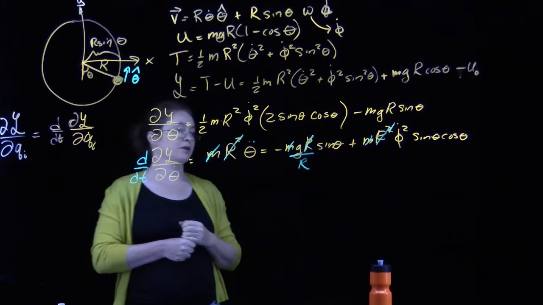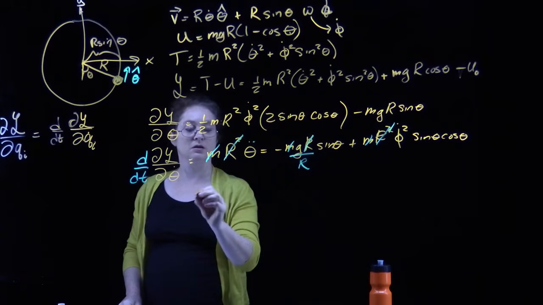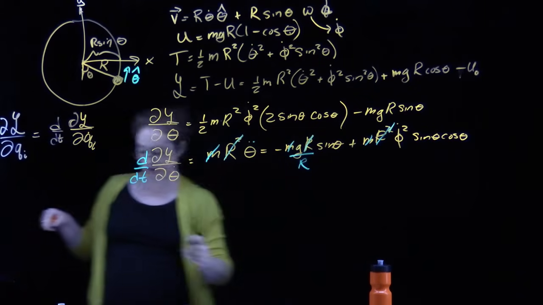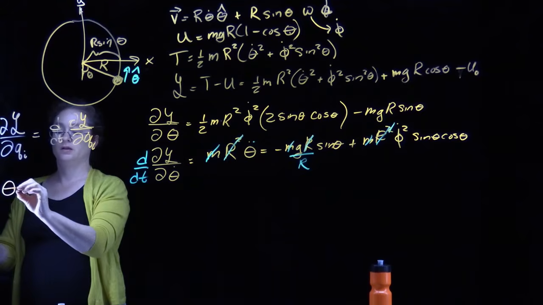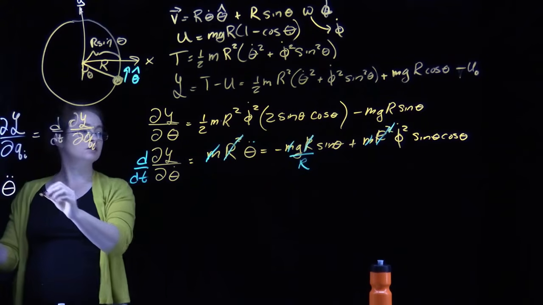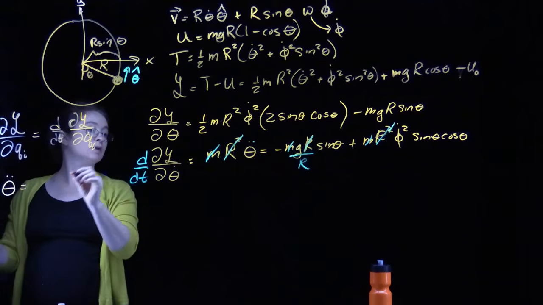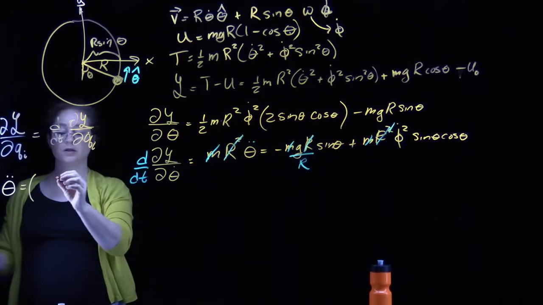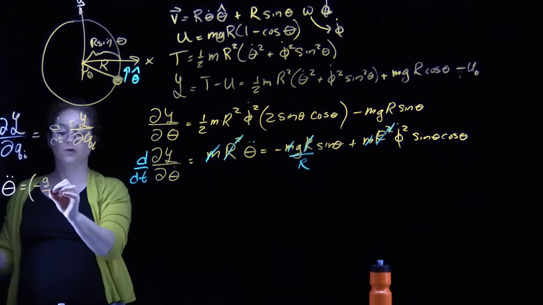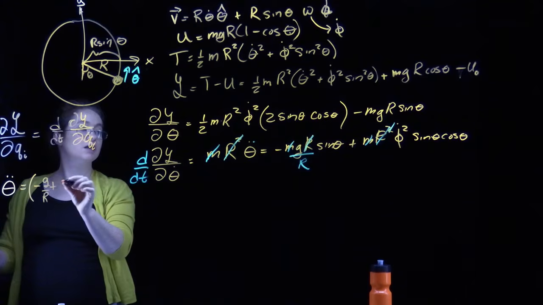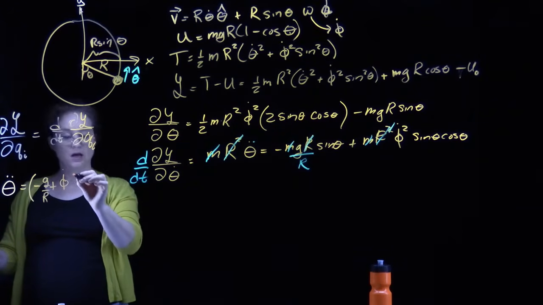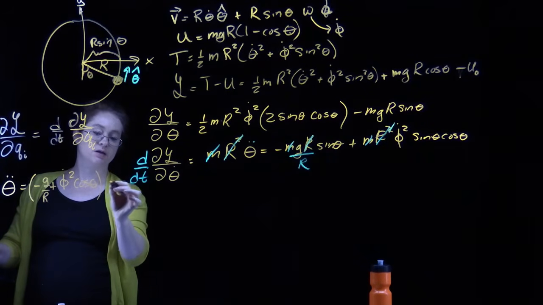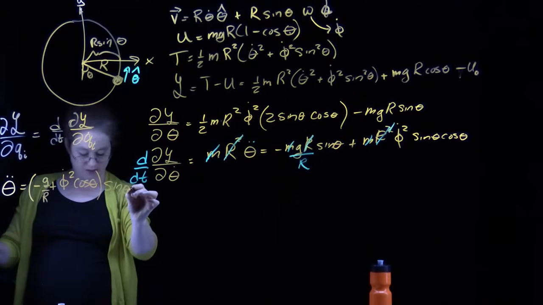I have theta, and actually I'm going to move it over here so that I can erase some of this. I have theta double dot equals, I'm going to pull a sine theta out in front, negative g over r plus phi dot squared cosine theta times sine theta.